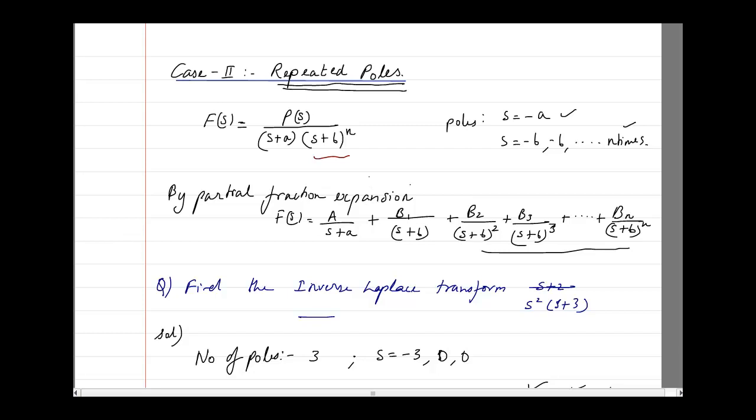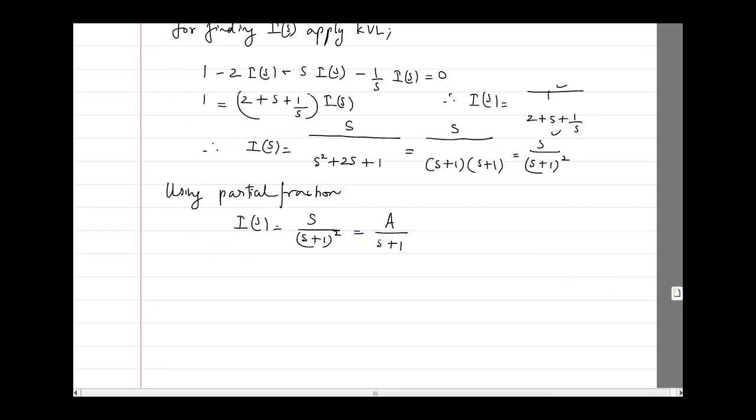For the case of multiple poles, if you look at case 2, we write its higher powers, and on the top we write only one constant, that means B1, B2, B3, like that. So if I borrow this idea and put it here, I will get A by S plus 1 plus B divided by S plus 1 square.